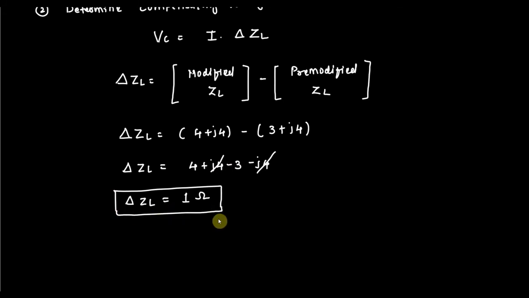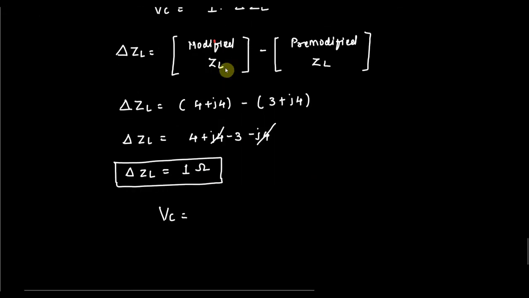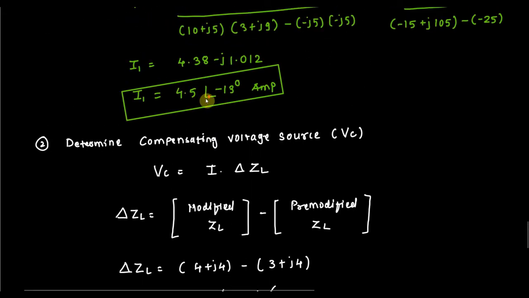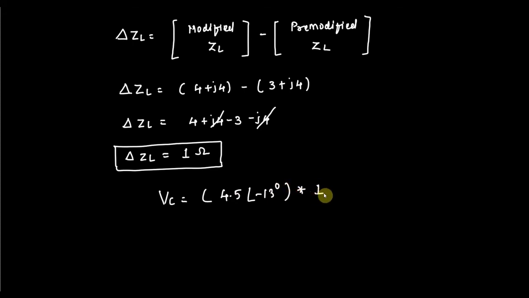Now you have to find the VC. VC is simply equal to I into delta ZL. I we have calculated. What is the value of I? 4.5, angle minus 13 degrees, multiplied by delta ZL, which is 1.